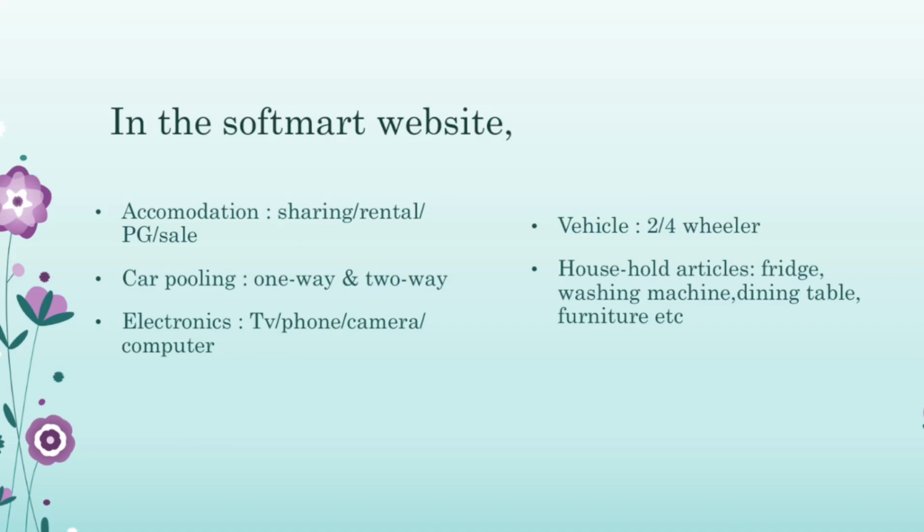Like if in a three-sharing room only two people are staying and one bed is empty, one person is required, so that person will post an ad saying they need one more person for accommodation in their room. And if you are looking for rental or any PGs near your office location, you can also try for that.